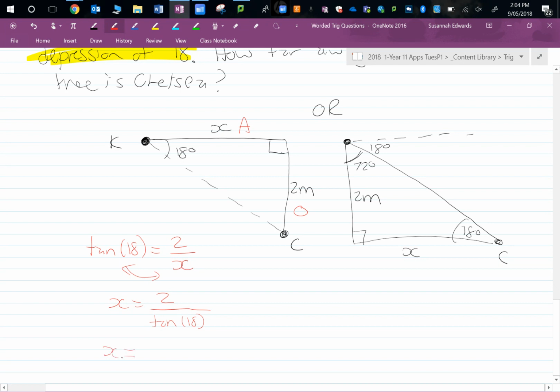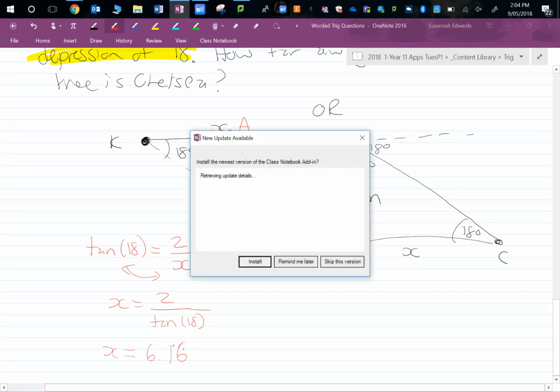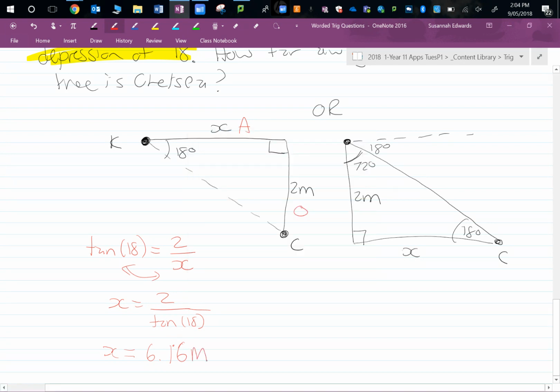And we get our answer, which is 6.16 meters. And so you'd then write Chelsea is 6.16 meters from the tree.